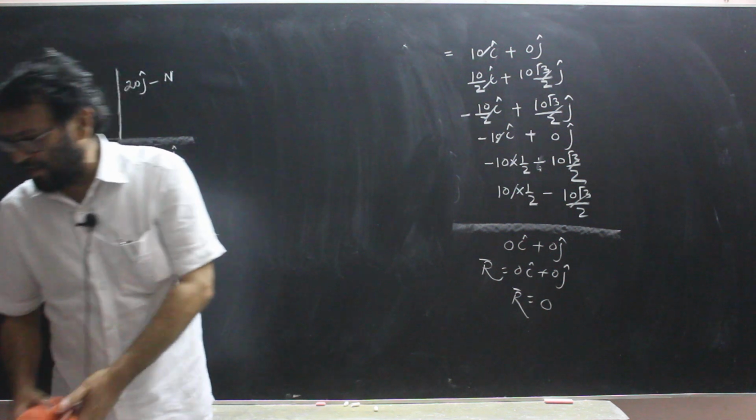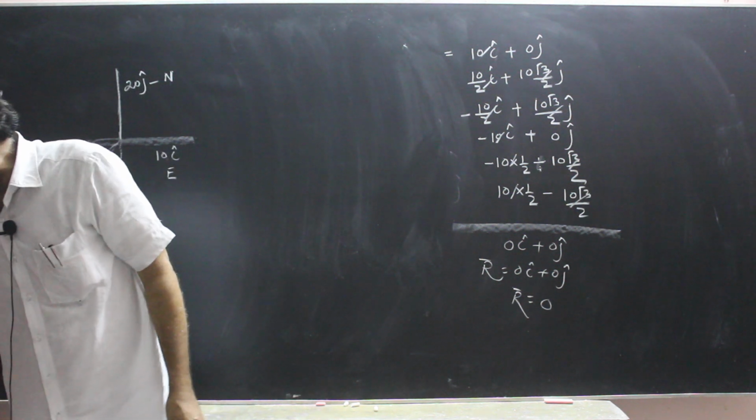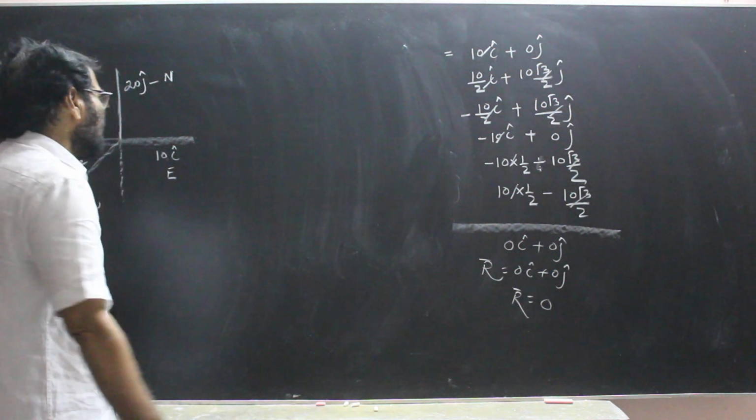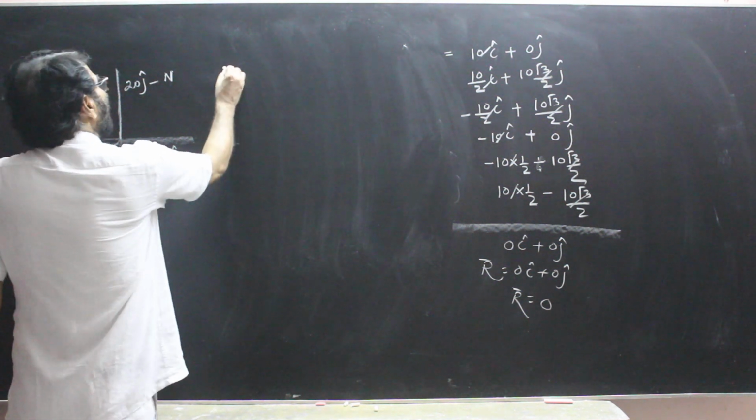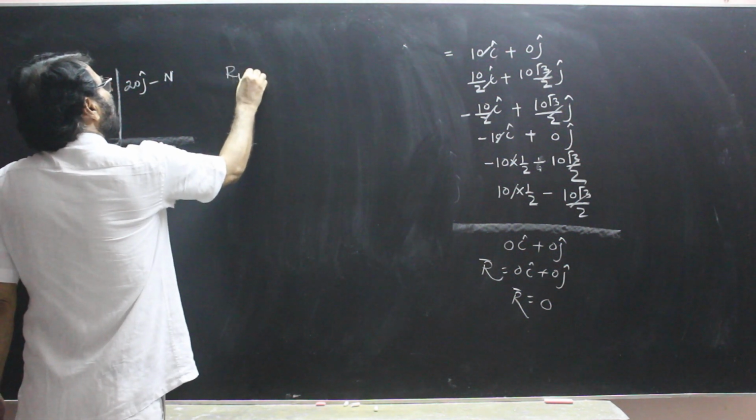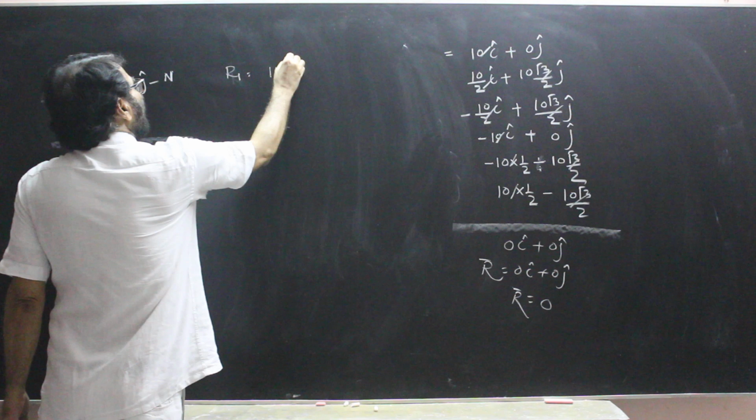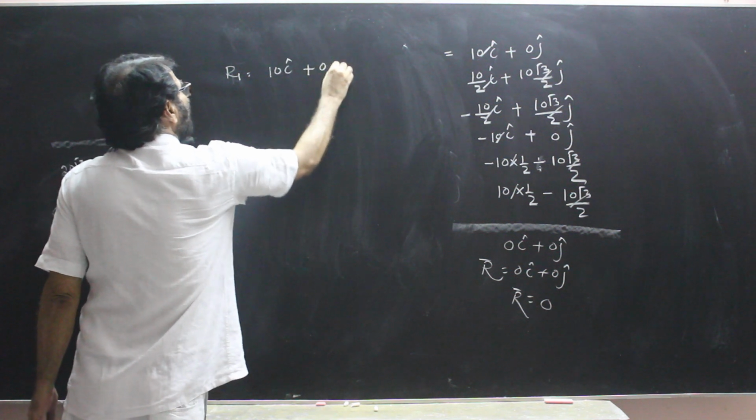Again, we can calculate the resultant displacement. The first vector r1 is 10i plus 0j.